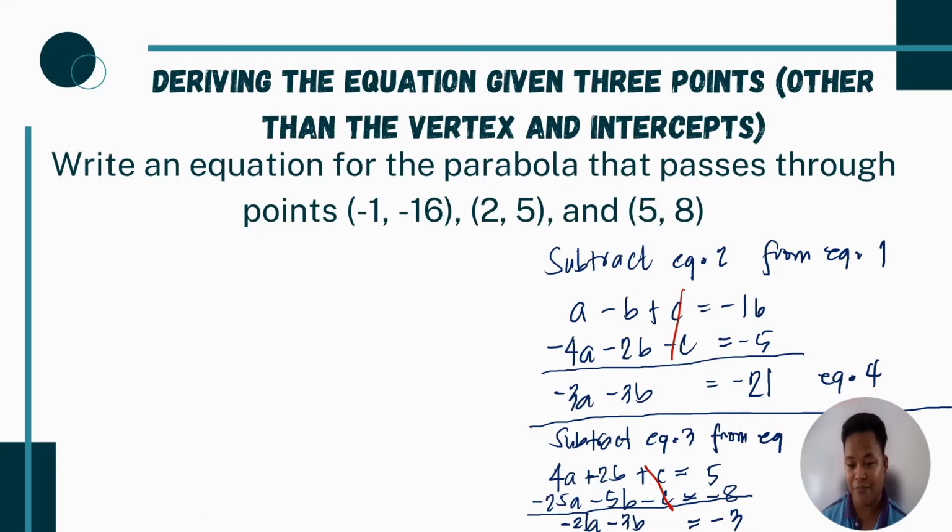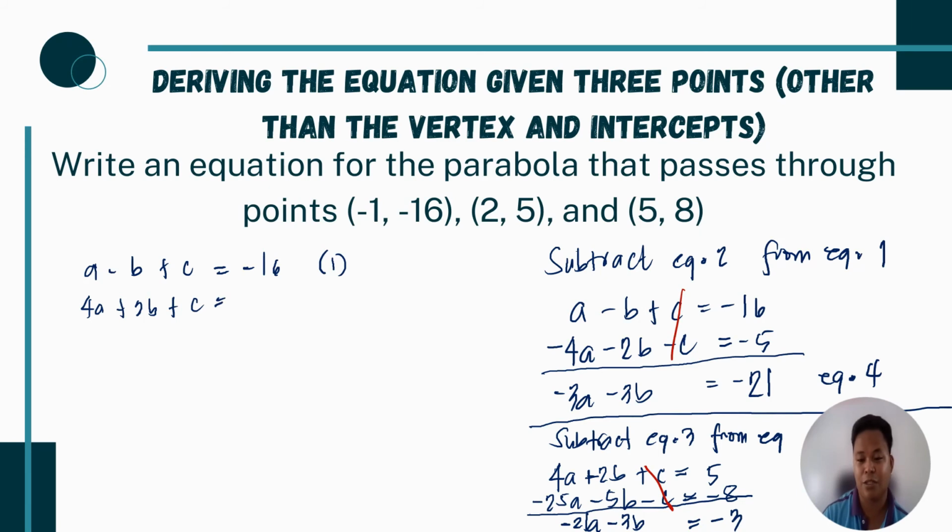We are going to write the different equations that we have already. a minus b plus c is equal to -16. This is equation 1. 4a plus 2b plus c is equal to 5, equation 2. 25a plus 5b plus c is equal to 8.